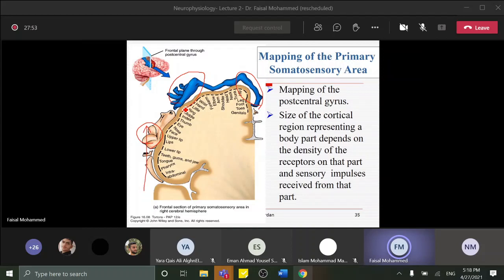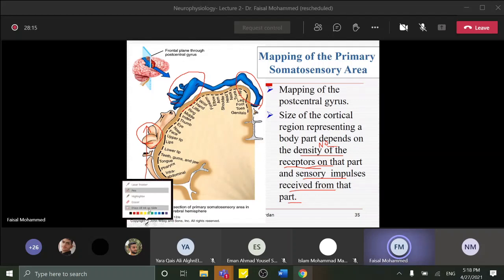Any area in the cerebral cortex that represents any part of our body is proportional to the density and number of receptors in that part, and the sensory impulses received from that part, of course.